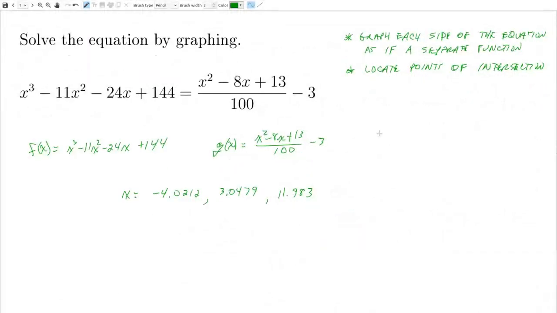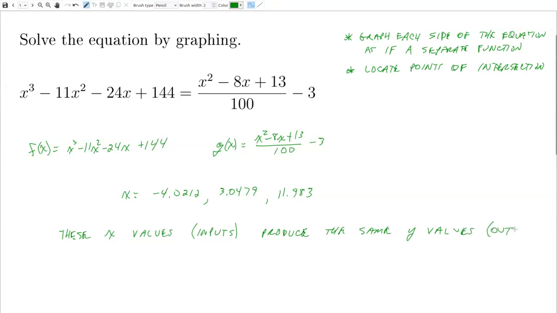In other words, for the same x, these x values, inputs, produce the same y values or outputs.